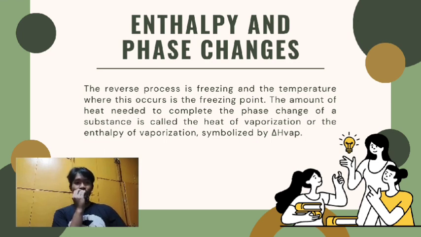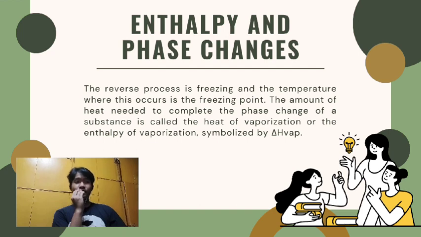The melting point and the freezing point of any substance is the same. The temperature at which liquid turns to gas is called the boiling point. The amount of heat needed to complete the phase change of a substance is called the heat of vaporization, or the enthalpy of vaporization, symbolized by delta H vap or evaporation.